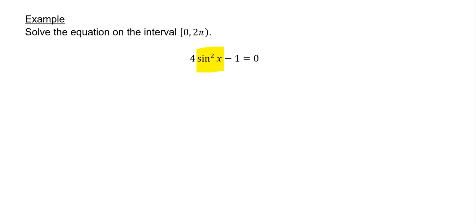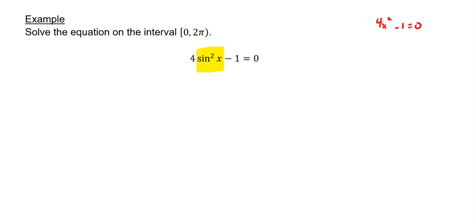So you could use the quadratic formula if you really wanted to, but just like for the quadratic equations, if there's no x term, then you can just use the square root property. So for example, if you were just solving 4x squared minus 1 equals 0, there's no x term.